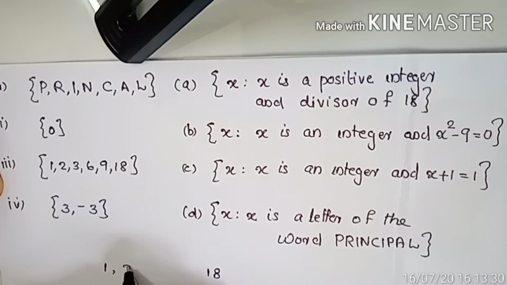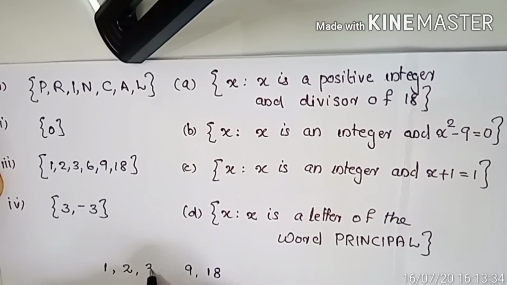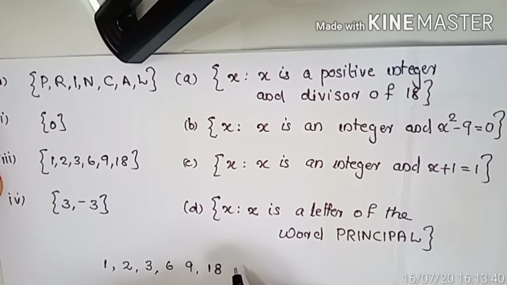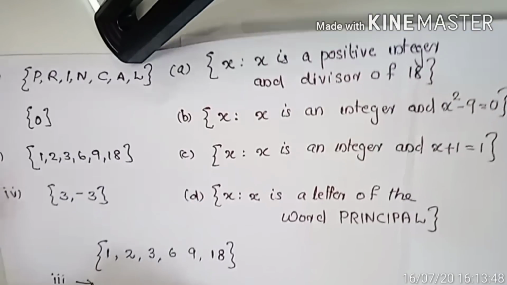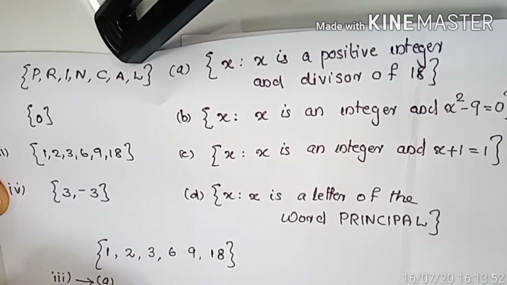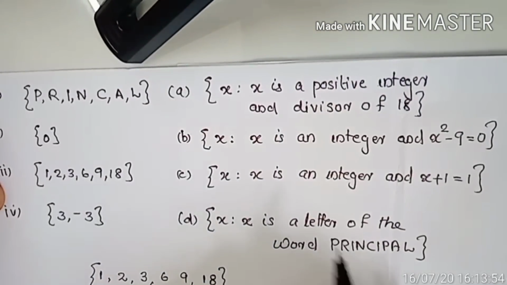Which are the divisors of 18? 1, 18, 2, 9, 3, 6. These are the divisors of 18. So 3 matches A.